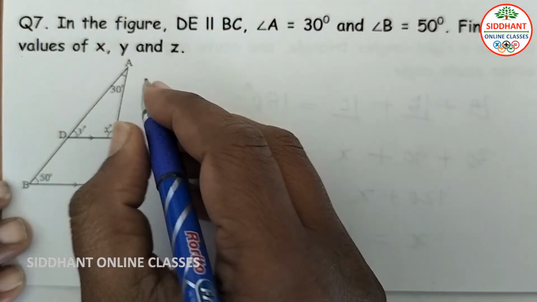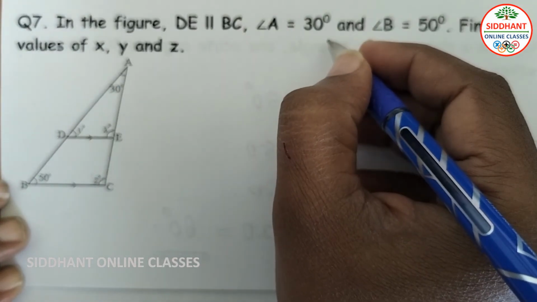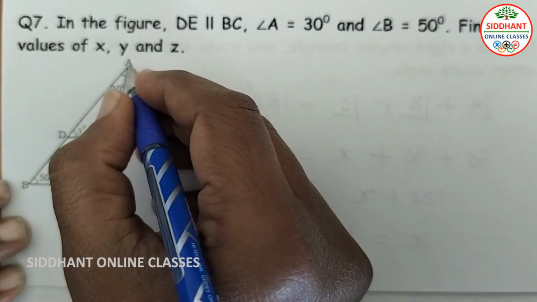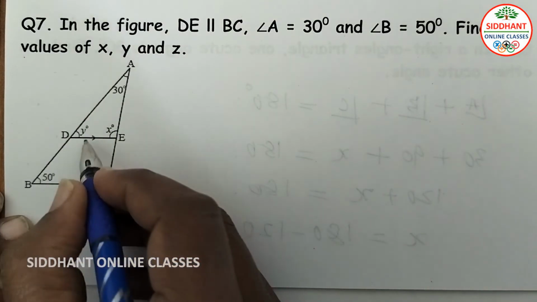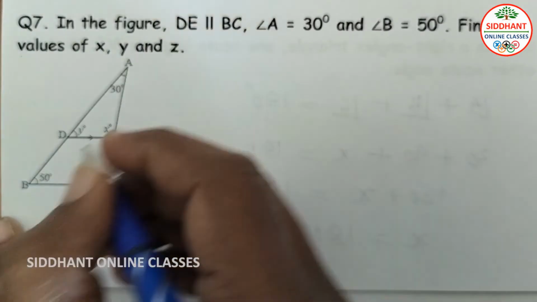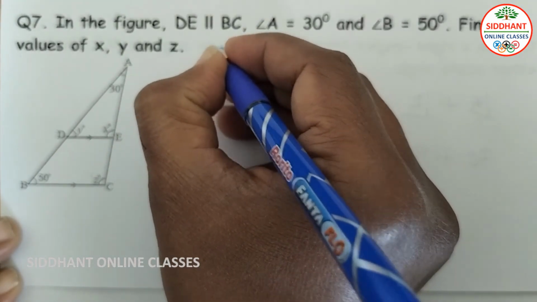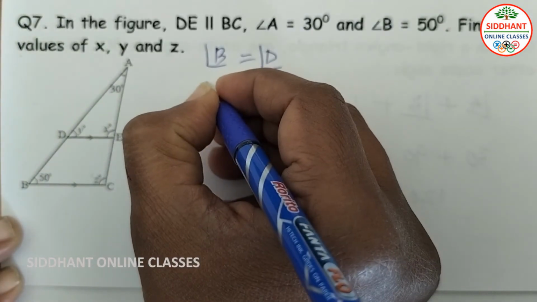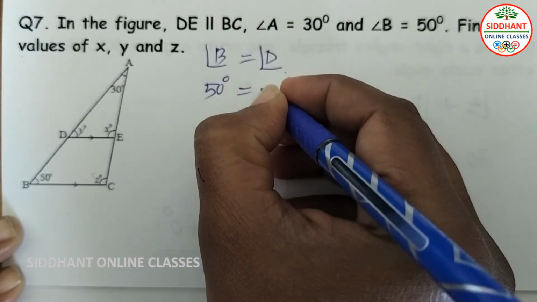Question number 7. In a figure DE parallel to BC, angle A is equal to 30 degrees, angle B is equal to 50 degrees. Find the values of x, y and z. So first, the y value. Angle B and angle D are equal. Angle B is given as 50 degrees and angle D is y.